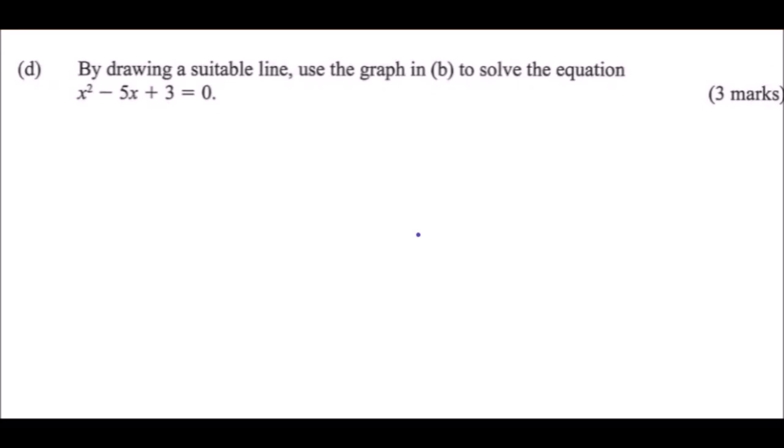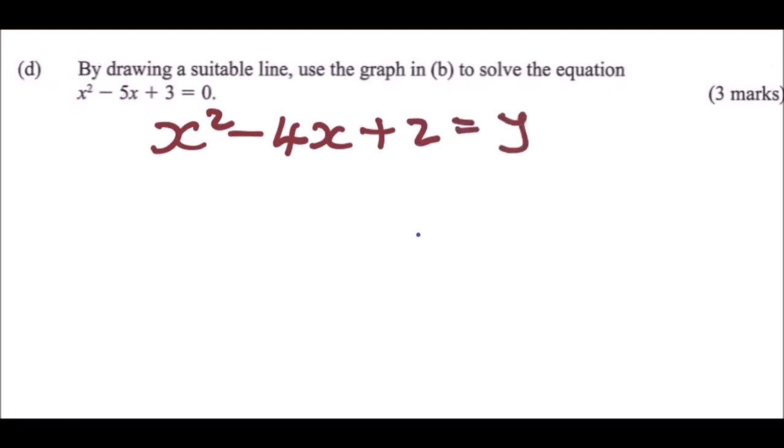And remember, our function was x squared minus 4x plus 2 is equal to y. So what's the difference here? So we write here our x squared minus 5x plus 3 is equal to 0.